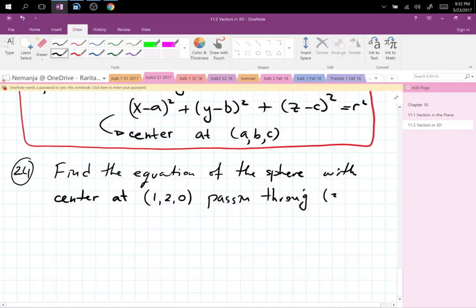Very creative. Find the equation of the sphere with center at 1, 2, 0, passing through 3, 4, 5.